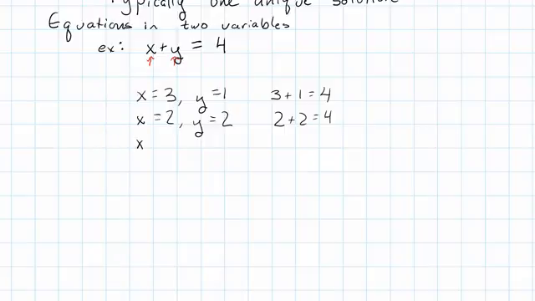We could also have something like x equals 12, y equals negative 8. 12 plus negative 8, still 4.